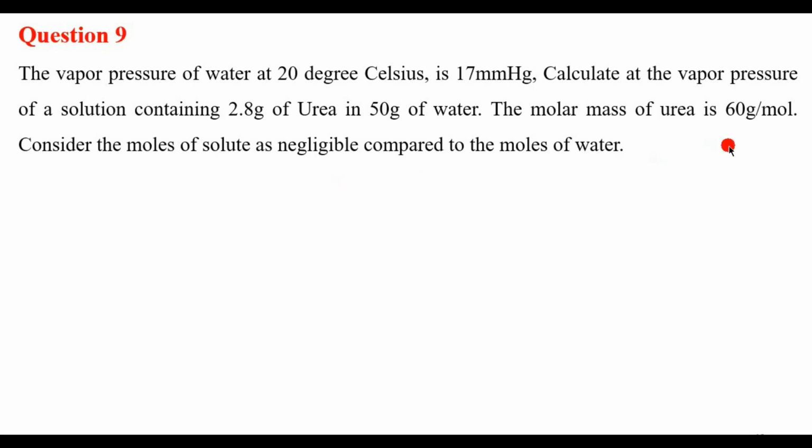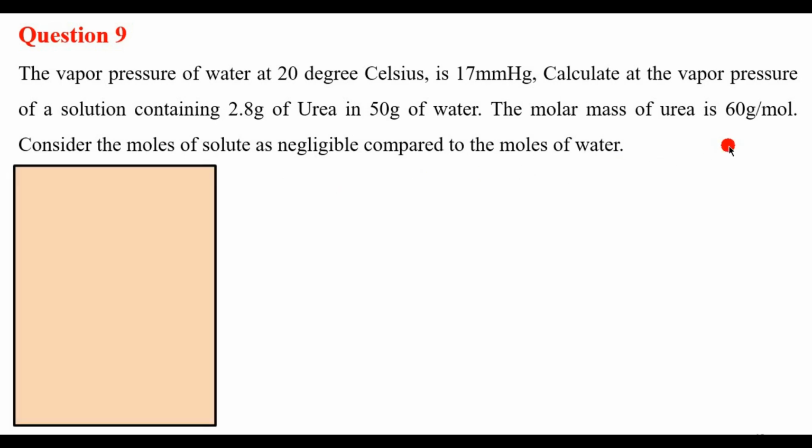And that means we are going to use the formula. Here we have P naught, which is the vapor pressure of the pure solvent, the vapor pressure of the water. We have also the molar mass of the water. So we know the molar mass of the water is 18 grams per mole. Of course, when we are counting 18, we are taking 16 as the molar mass for oxygen plus 2 for hydrogen, because water has 2 atoms of hydrogen and 1 atom of oxygen.